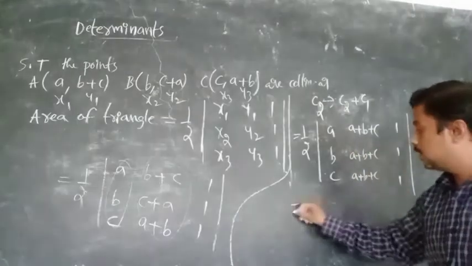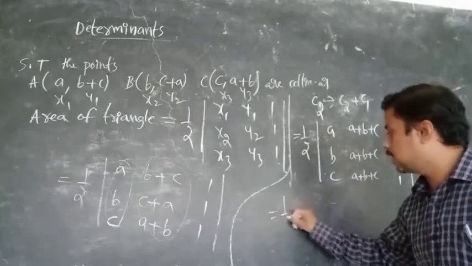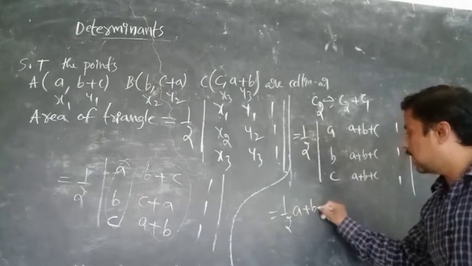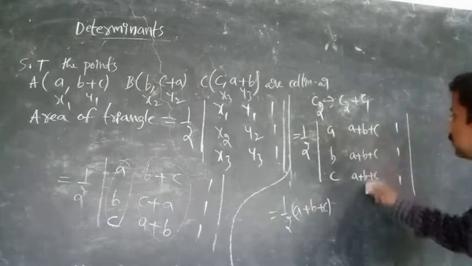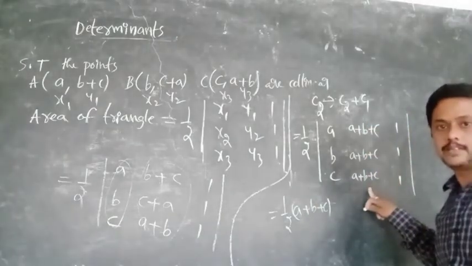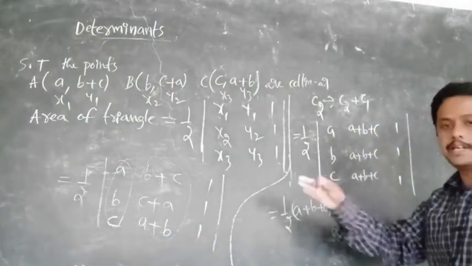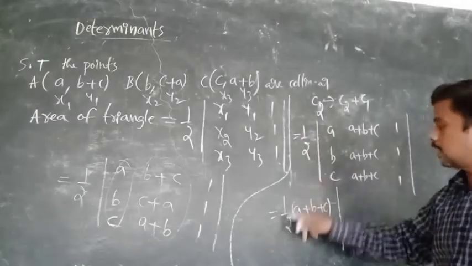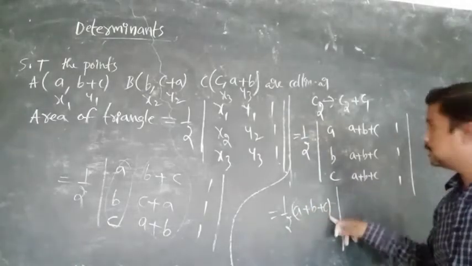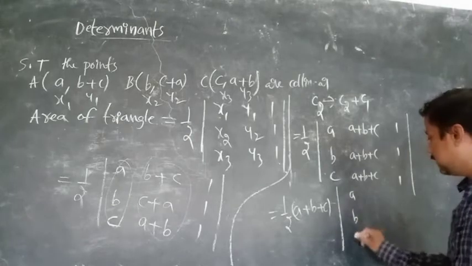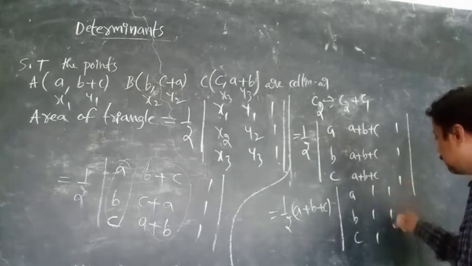So here if you observe, A plus B plus C is common in the second column. Second column has the same values, A plus B plus C. So make it common. So half is already there. A plus B plus C into A, B, C, 1, 1, 1, 1, 1, 1.